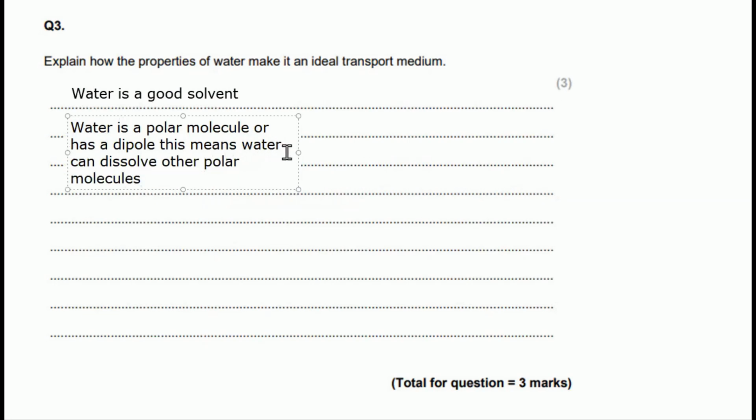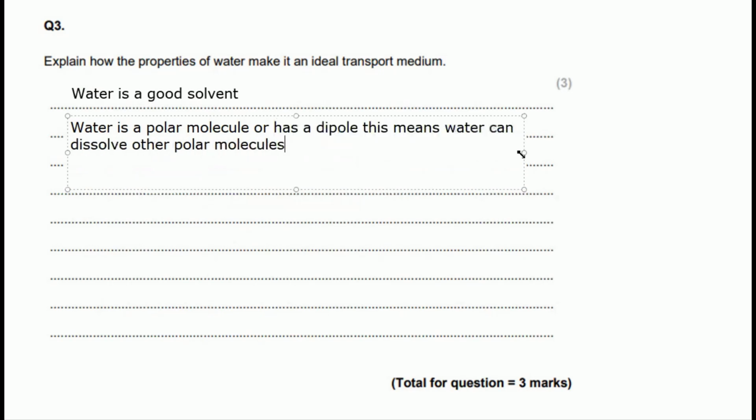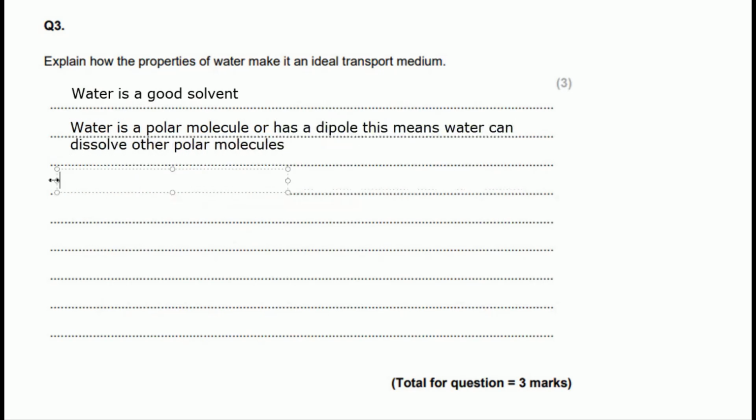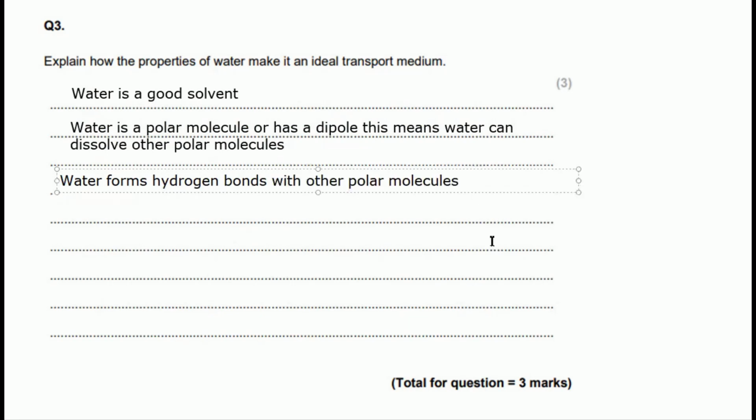So why can water dissolve other polar molecules? Well, water can form hydrogen bonds with other polar molecules. Now, you might say, well, water can't dissolve oils. Oils are non-polar. They don't have a dipole. But water can dissolve the useful metabolites that we find in biology.